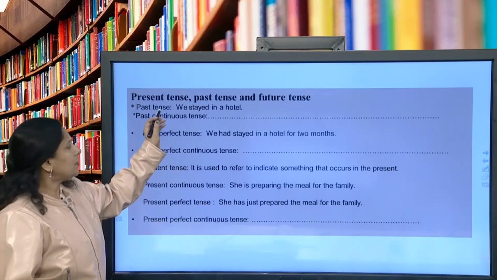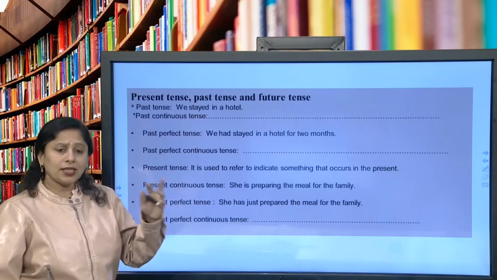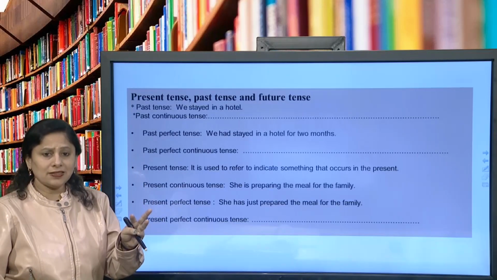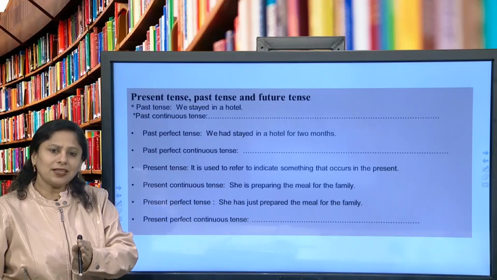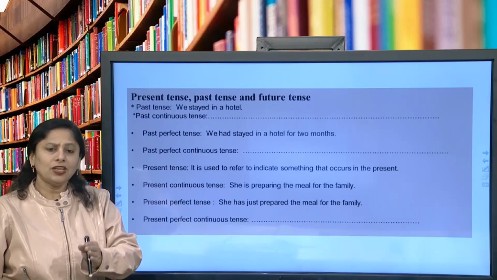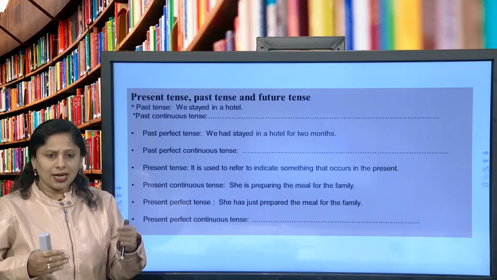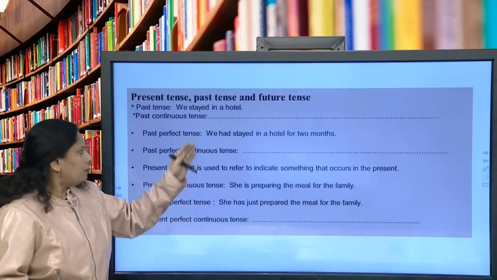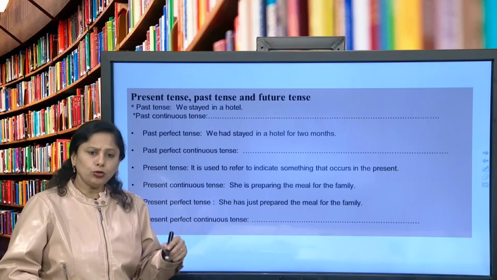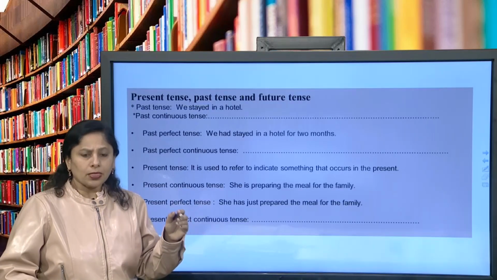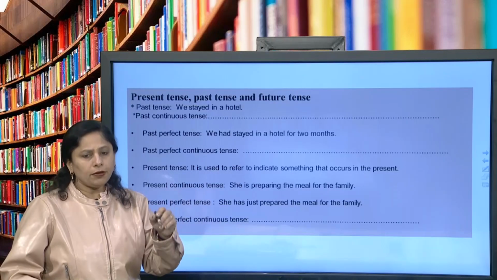After present tense there is the past tense, where there are three tenses: simple past tense, past continuous tense and past perfect tense. In the same way, there is the future tense: simple future tense, future continuous tense and future perfect tense.